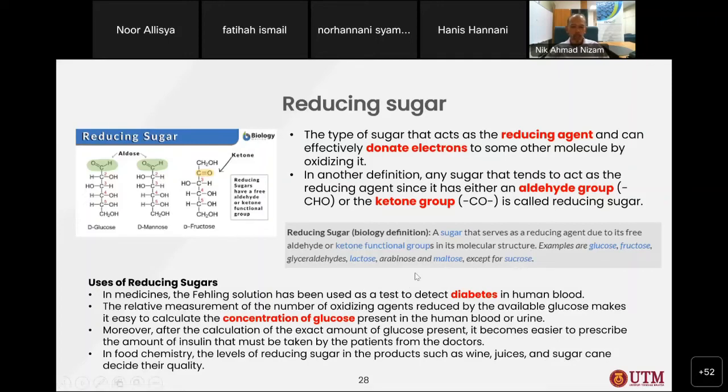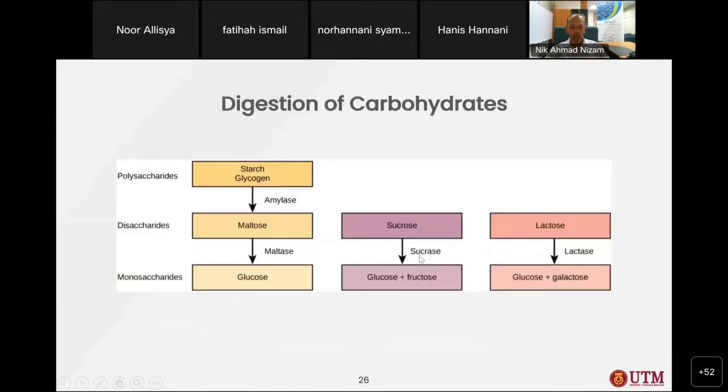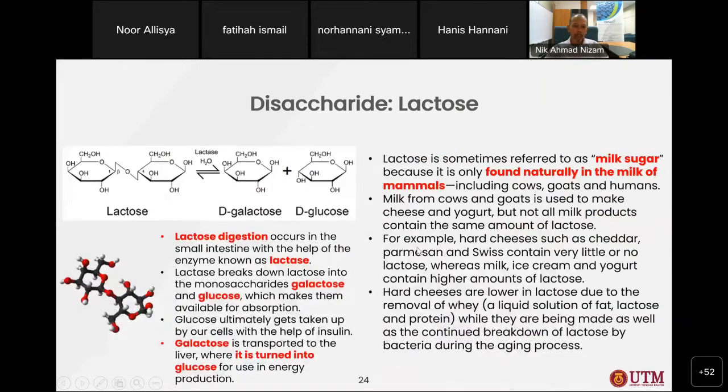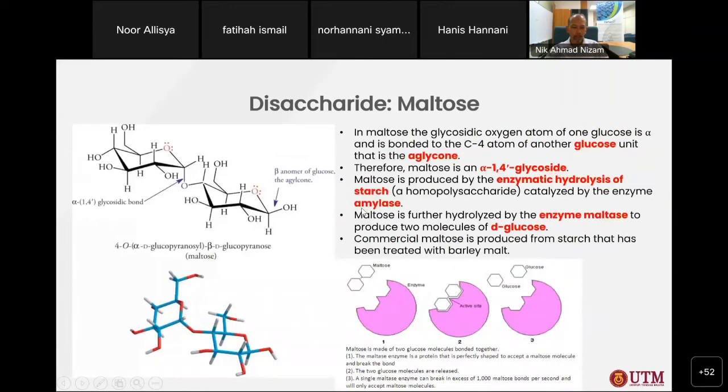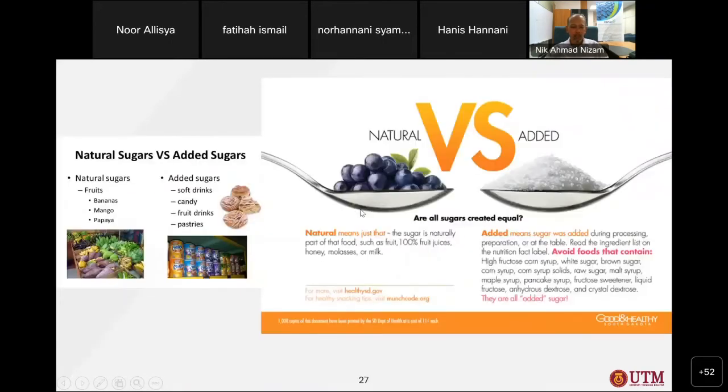So what is sucrose? You see here, here is the sucrose structure. It's not considered a reducing sugar.